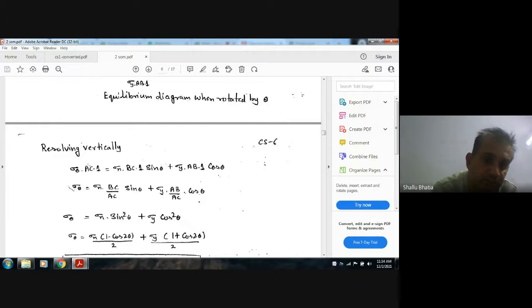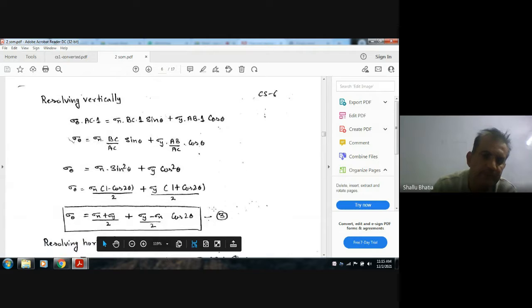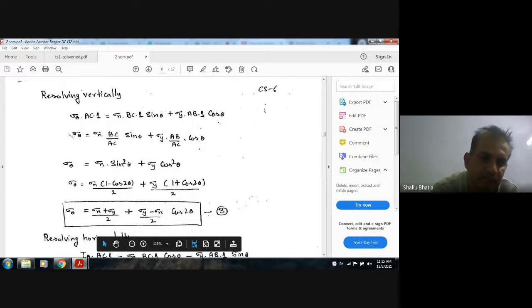Following the same procedure, dividing by AC, BC by AC is sin theta and AB by AC is cos theta, so this will be sin square theta and this will be cos square theta. Now sin square theta can be written as 1 minus cos 2 theta by 2, and cos square theta as 1 plus cos 2 theta by 2. So sigma theta equals sigma x plus sigma y by 2, plus sigma x minus sigma y by 2 cos 2 theta. This is the expression for sigma theta.